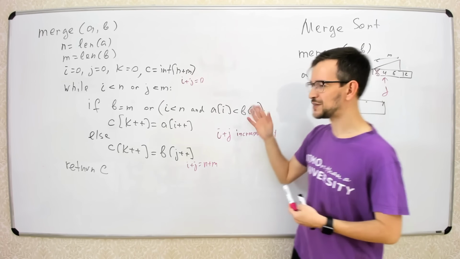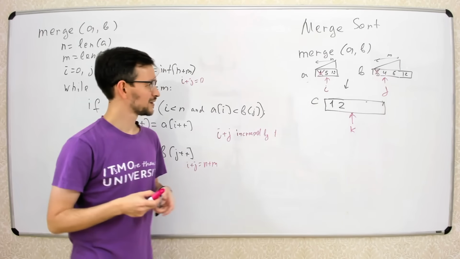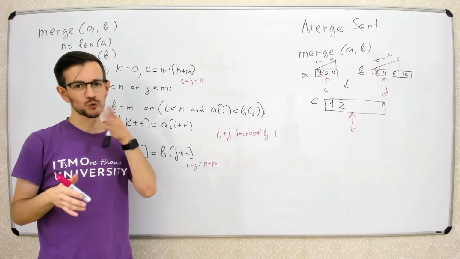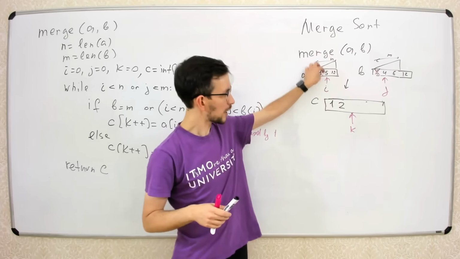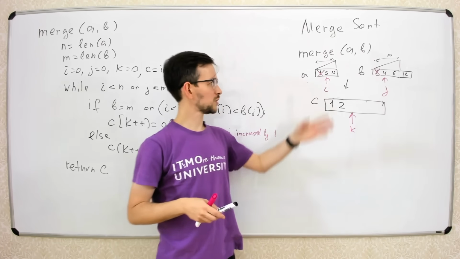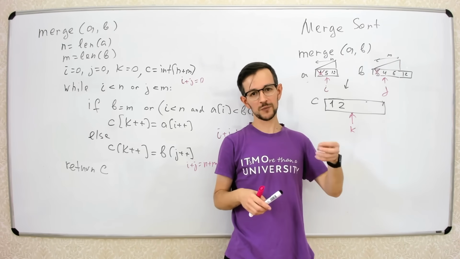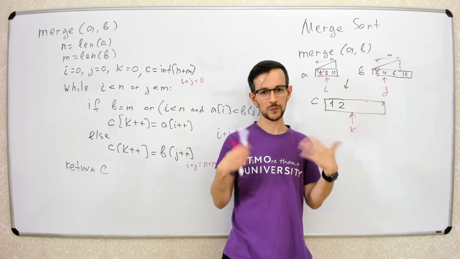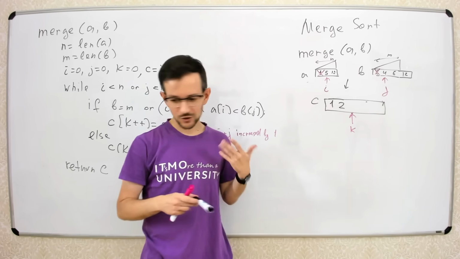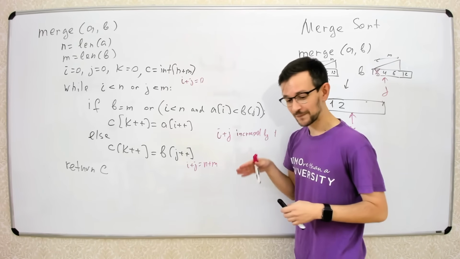I believe there is an easier way to prove this, a more intuitive way: every time you pick an element from the array and move it. So the total number of elements is n plus m. If you remove one element each time, then the total number of iterations will be n plus m. So it's not that difficult actually.